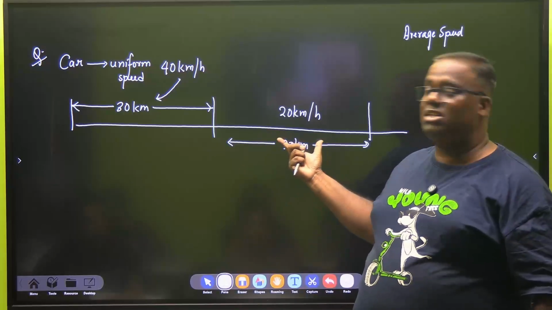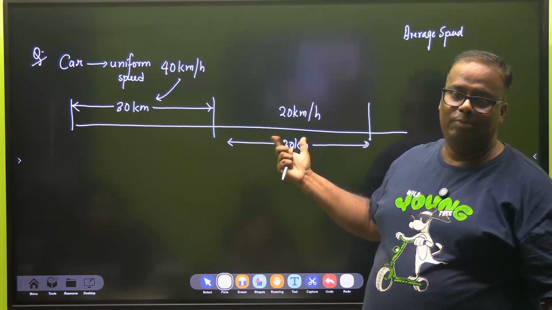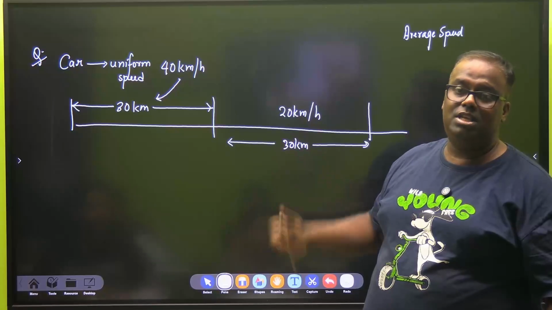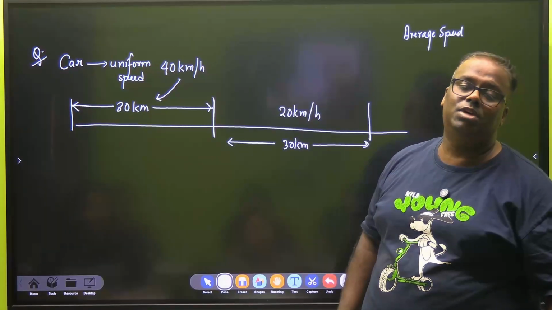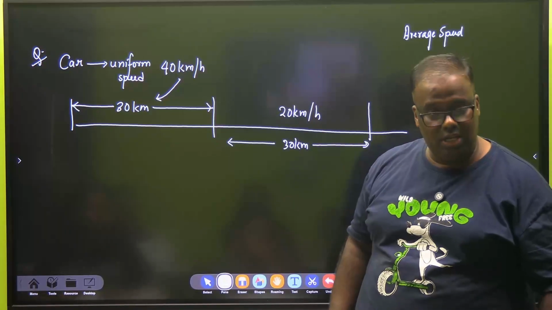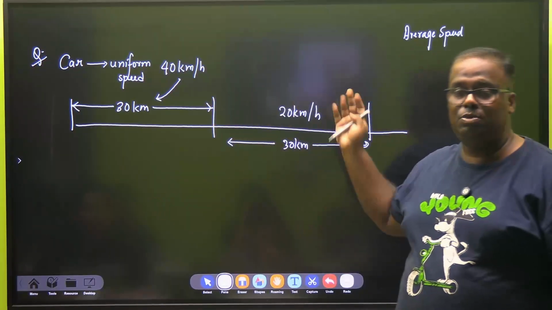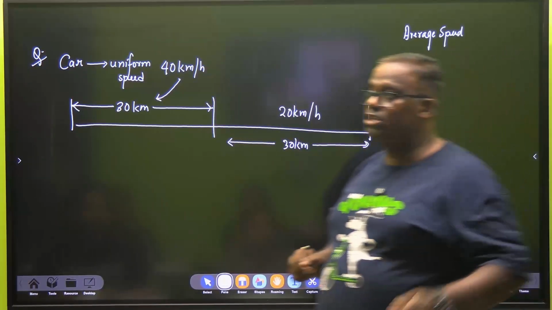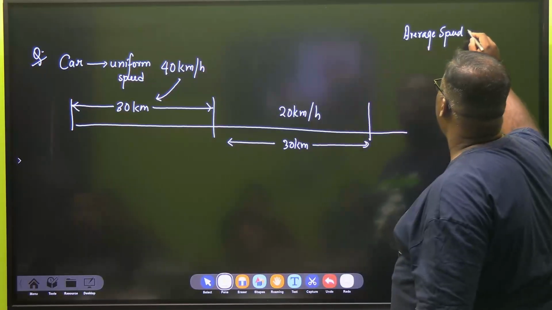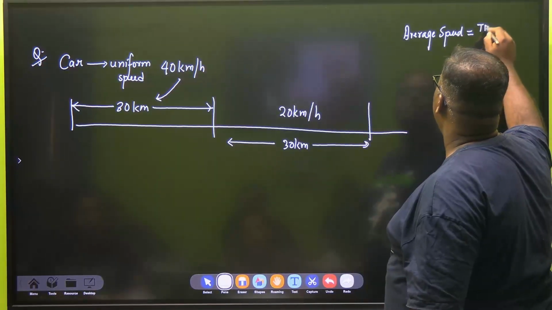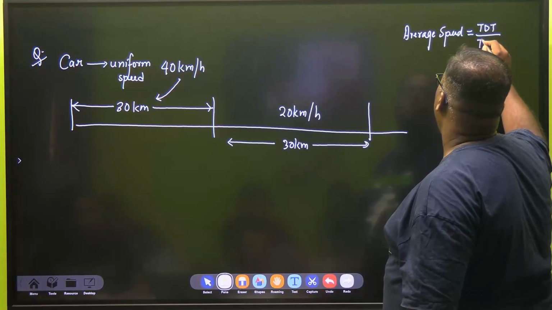And on the next stretch, the car is slowing down to 20 kilometers per hour. Means in every hour, the car will cover how much? 20 kilometers only. We have to find what is the average speed of the car. So average speed, if you go by the formula, is total distance traveled divided by total time taken.